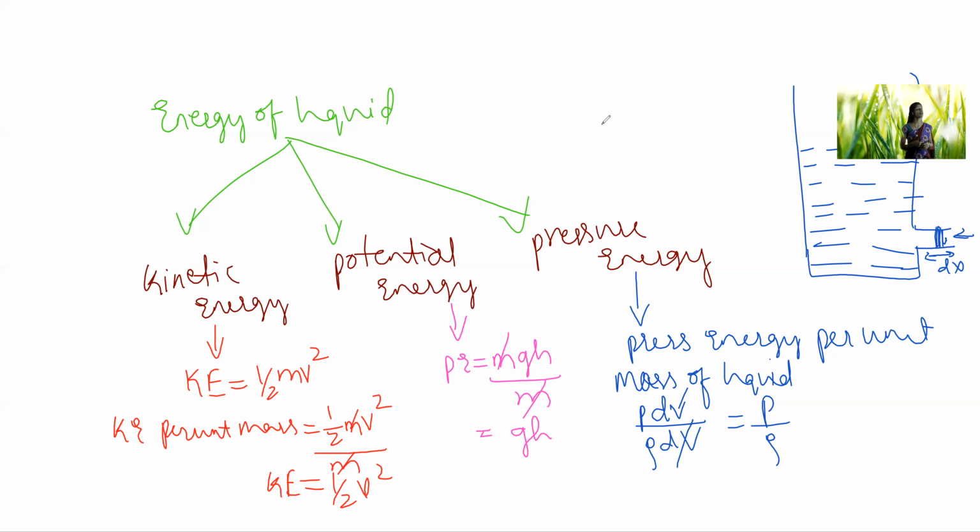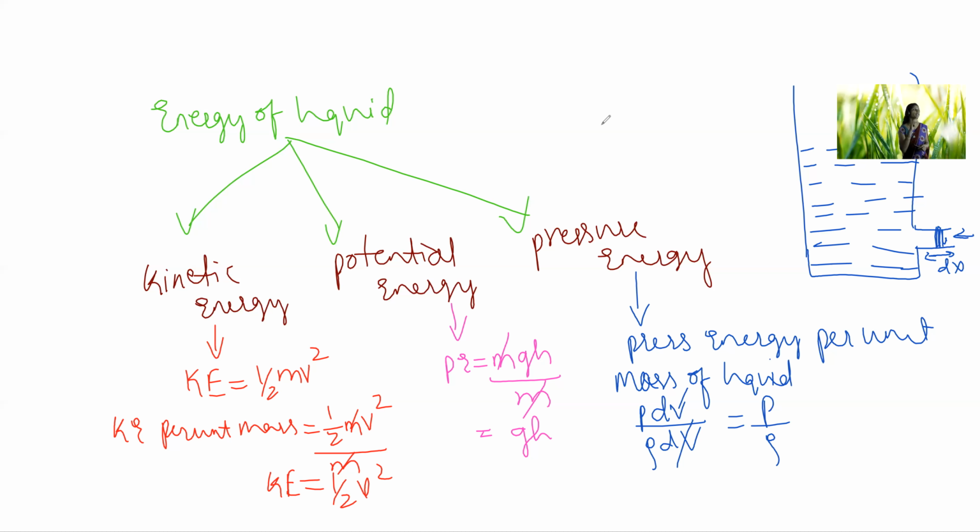Kinetic energy is the energy possessed by the liquid by virtue of its motion, given by the formula KE is equal to half mv square. Potential energy is the energy possessed by the liquid by virtue of its position, given by mgh.